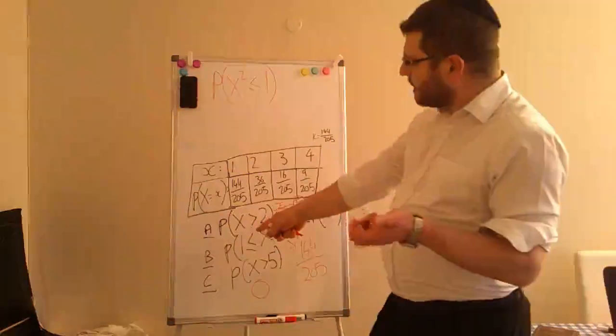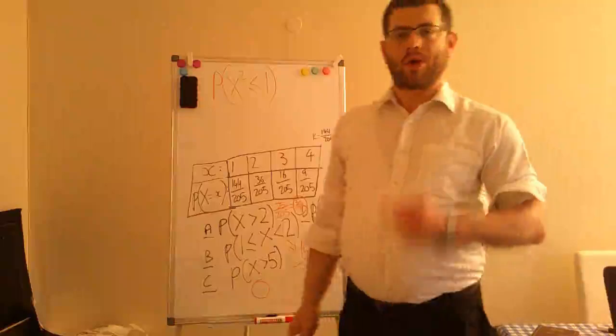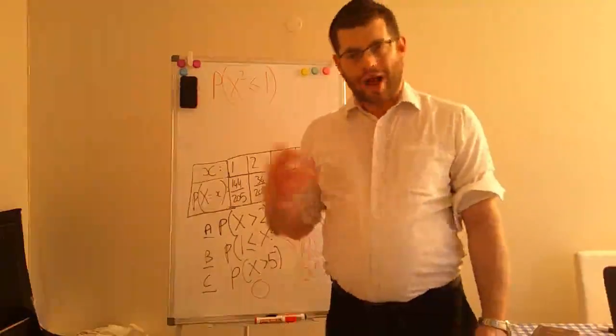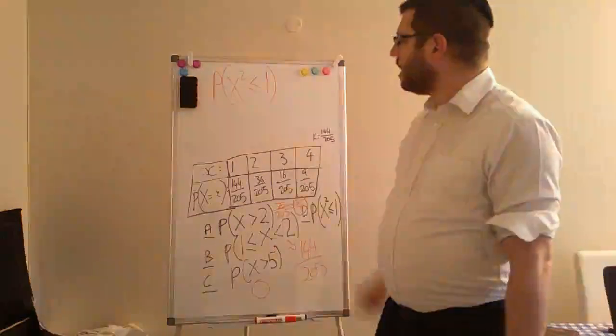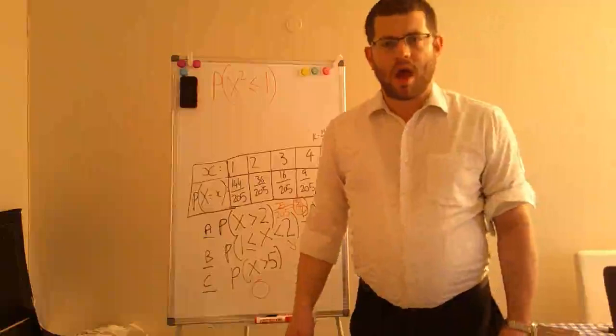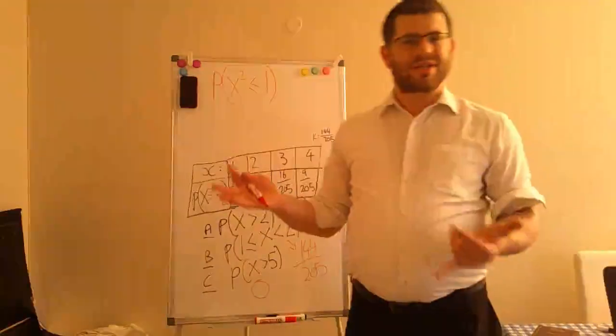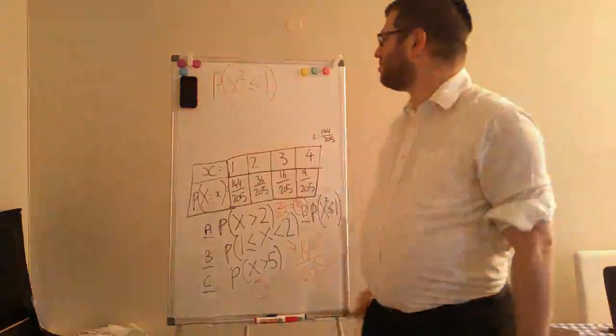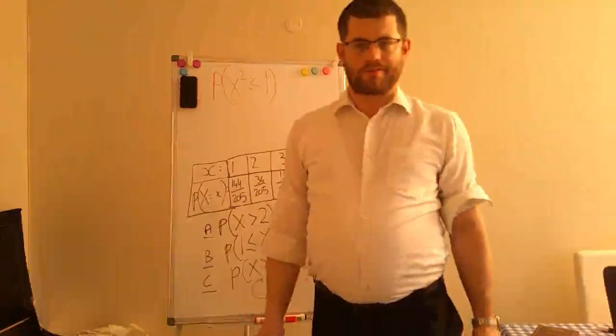I understand what it means when it asks about outcomes bigger than 2. But what does this mean? What's the probability that when I do my experiment and I square it, that result is less than or equal to 1? It's just too much to think about.